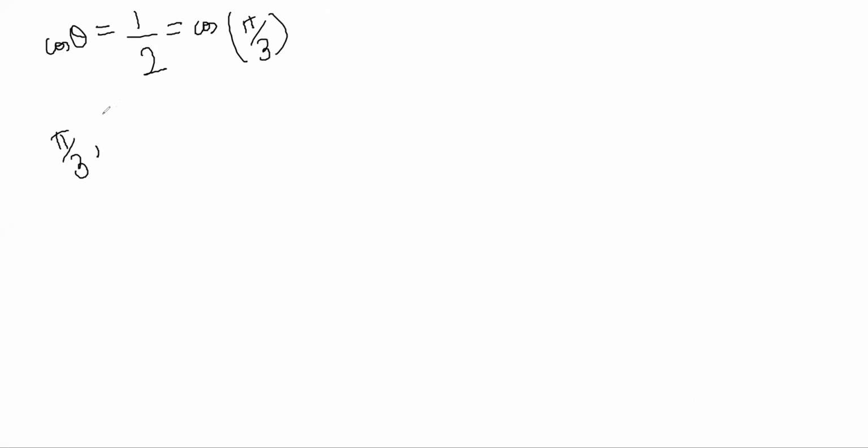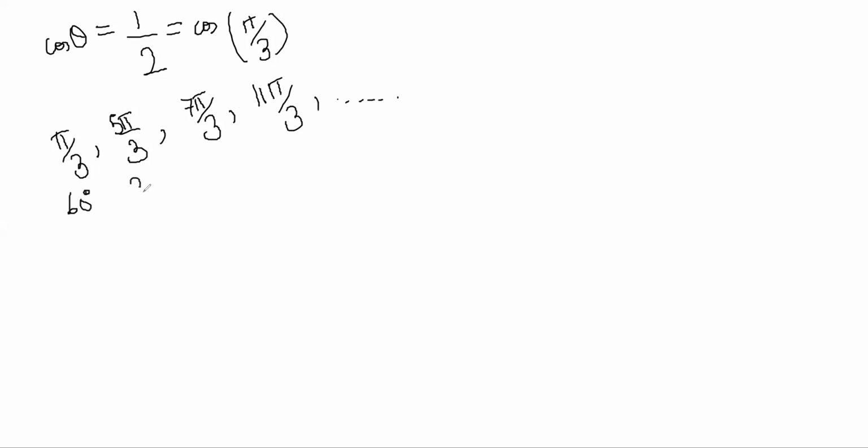So pi by 3 is one, then 2 pi minus pi by 3 is another, so that is 5 pi by 3. Then there is 2 pi plus pi by 3, 7 pi by 3, and 4 pi minus pi by 3, so 11 pi by 3. These are the possible solutions, right? Convince yourself that that is true.